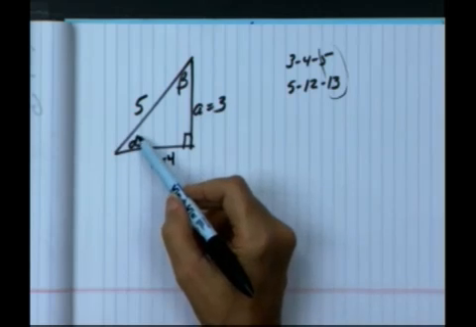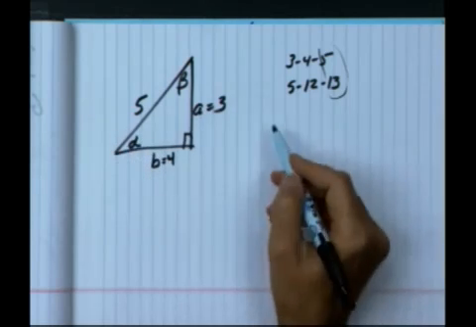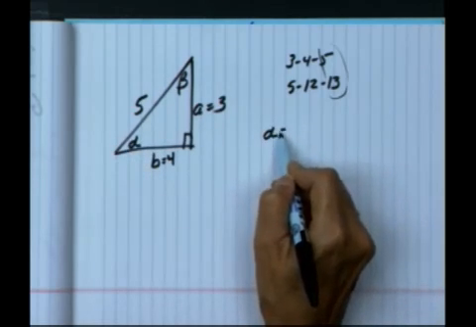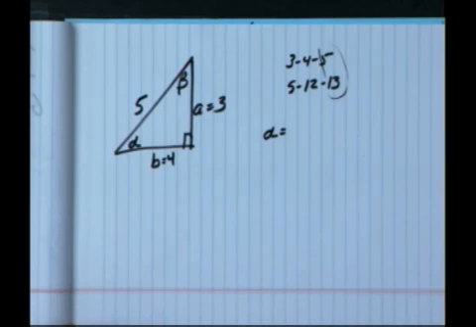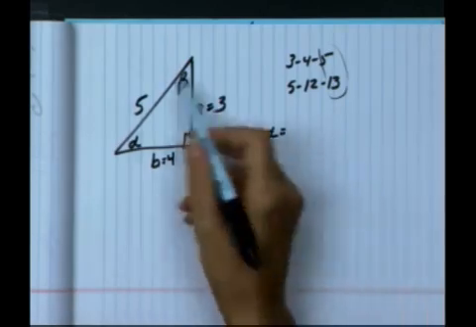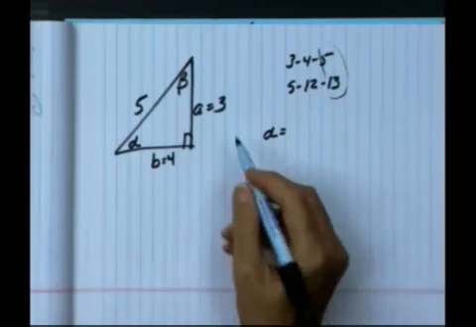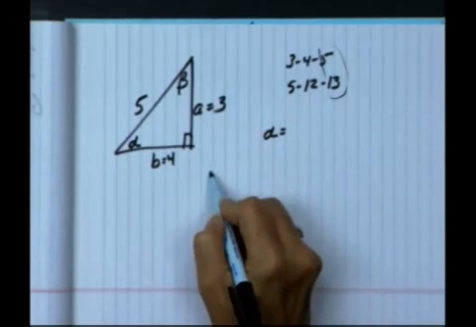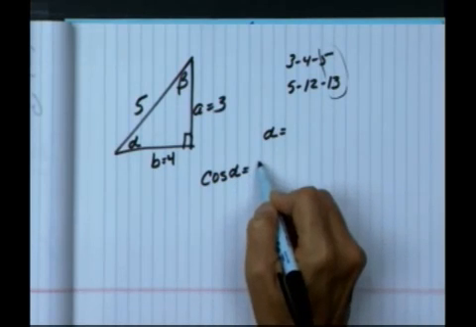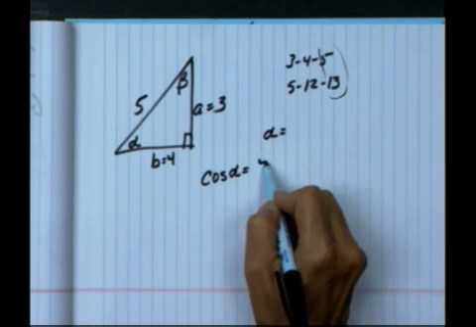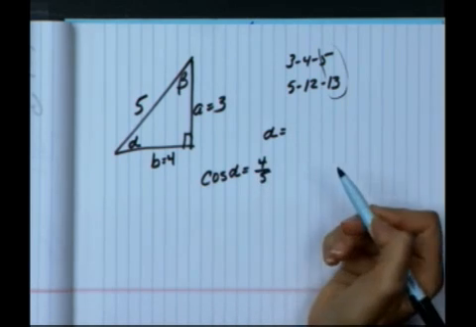Okay, but I'm interested in finding angle alpha. What is the measure of angle alpha? What are you going to do to find that? You do the cosine. Okay, you can use any trig function you want to from this triangle, and you're choosing to use cosine. The cosine of angle alpha is adjacent over hypotenuse, 4/5.